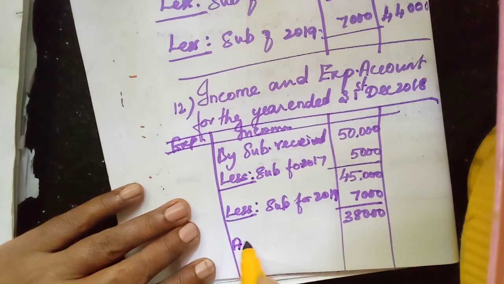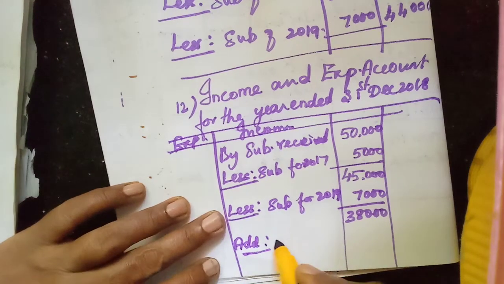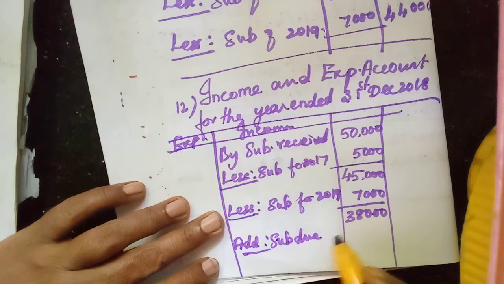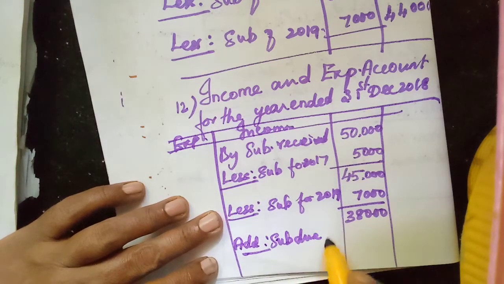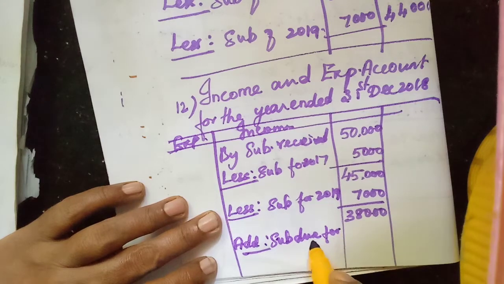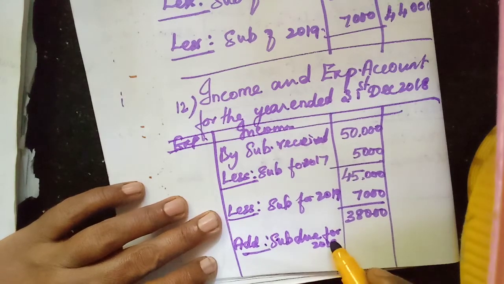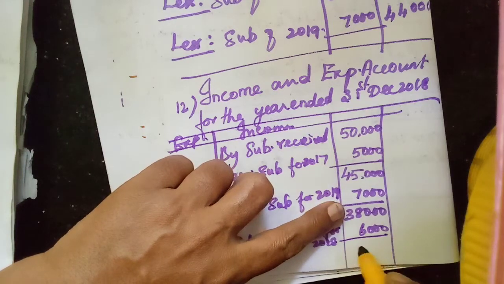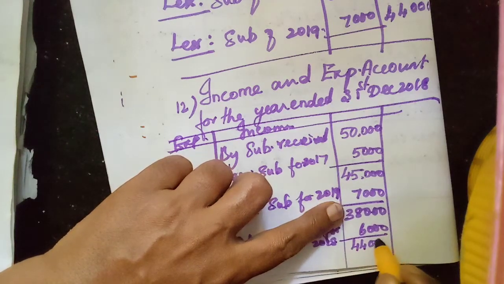Then next one we should add what? Subscription outstanding, subscription due for 2018. How much? 6,000. 44,000.